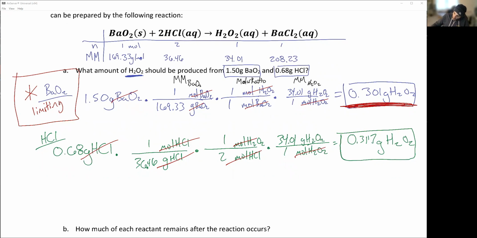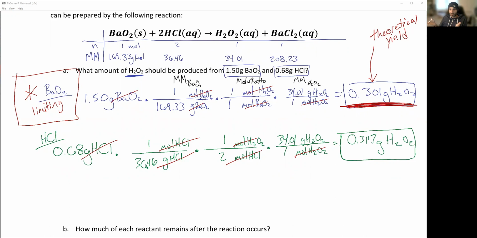That is what we would call our theoretical yield, because the limiting reactant will always provide you with the yield you would be allowed to have. Assuming no side reactions, and all of the barium peroxide reacts, you would end up with 0.301 grams of peroxide. Well, what about that 0.317 grams of H2O2 from the HCl?